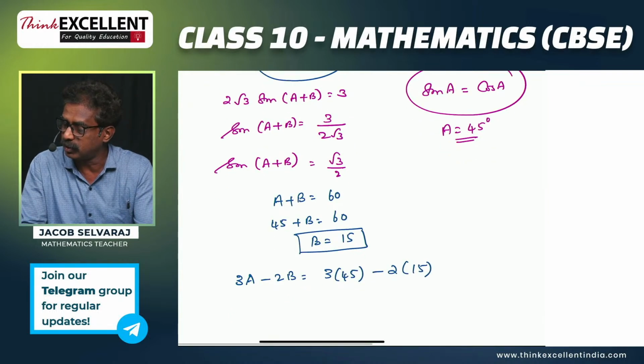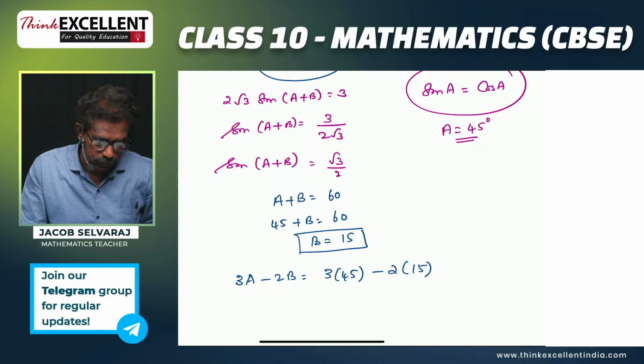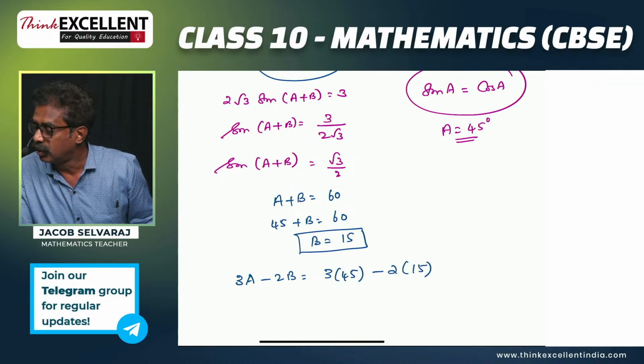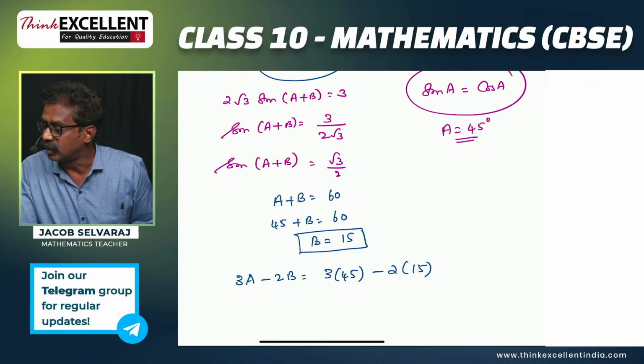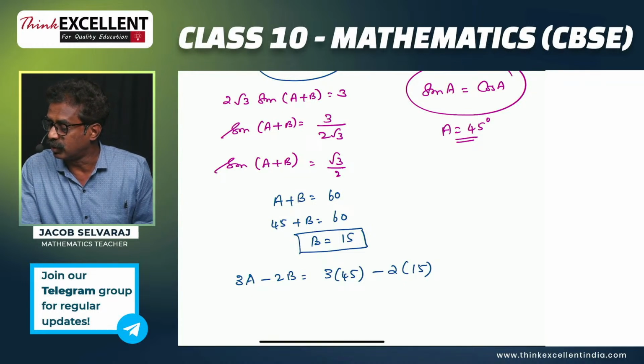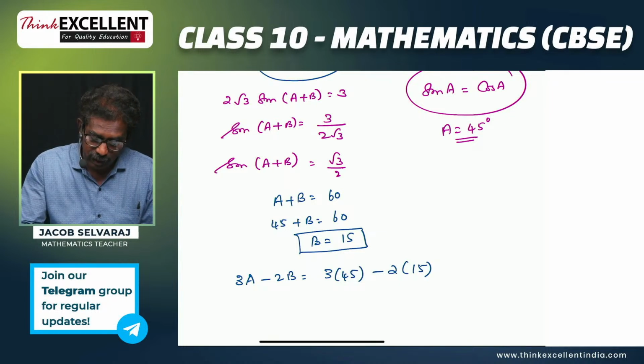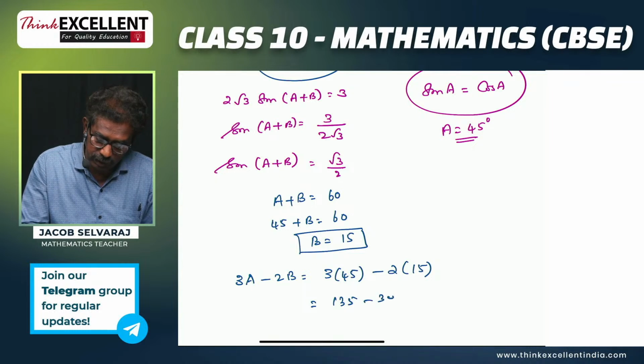Try to complete it. That is sum number 7. Yes, Hanshika, your answers are right. B is 15 and for 3a minus 2b, the final answer is 135 minus 30, which is 105. Yes, that's the right answer.